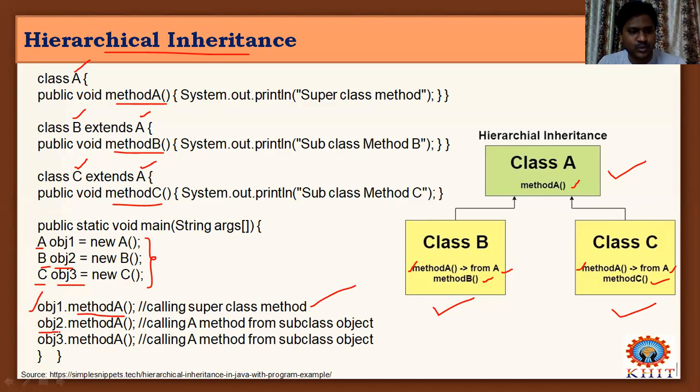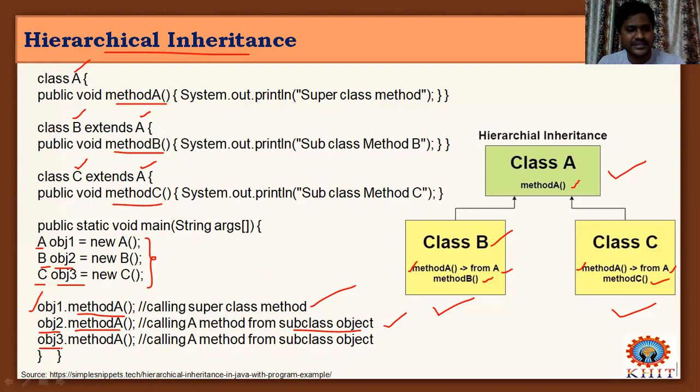Object 2 invokes method A of the superclass, as object 2 is an object of class B. Class B is a child class to class A, so it is allowed to call method A of the superclass through a subclass object.